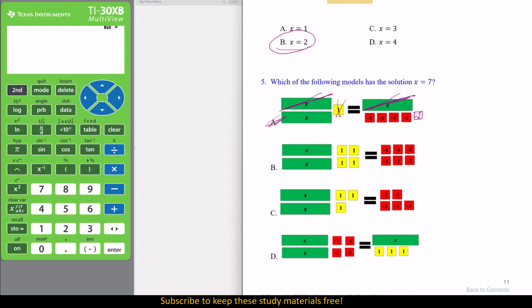Okay, well, for B, if I subtract 4 on the left side, then I have to subtract them over here, which means I have to put the negatives in here. Okay, and then after I do that, then I have to divide out. Okay, so I see x equals 1, 2, 3, 4, 5. Nope, it says 7 and it's a positive 7. B doesn't work.